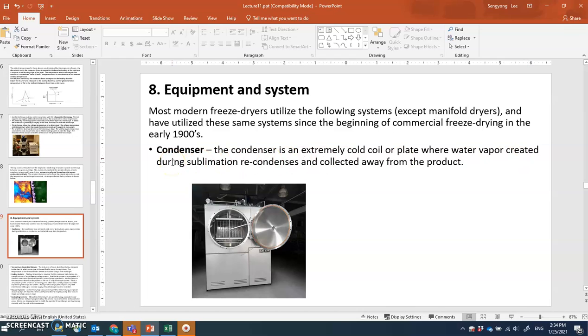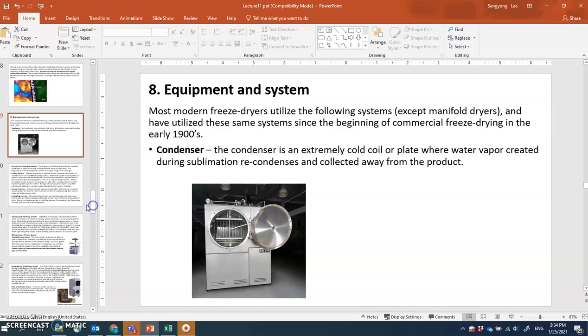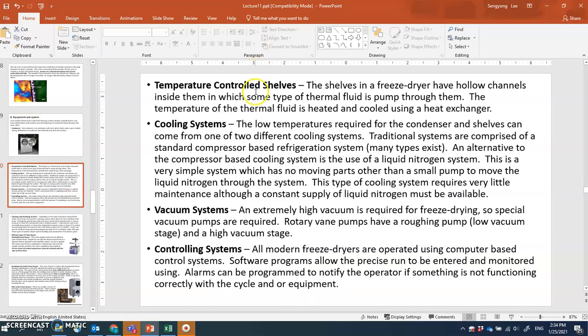So remember, the water is vaporized through sublimation from your vial, and it's going to end up at the condenser area because there's a lower pressure than the vapor pressure inside the vial. So that's where the water will end up. But still, it's a cold temperature, so the water will be crystallized again on the condenser. That's how pure water will be collected on the condenser. And then the temperature controlled shelf, of course, where drug vials will be sitting on top of your temperature controlled shelf.